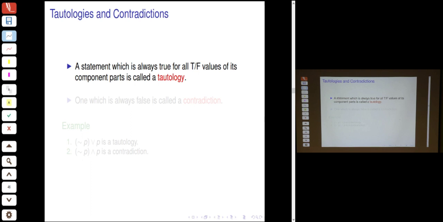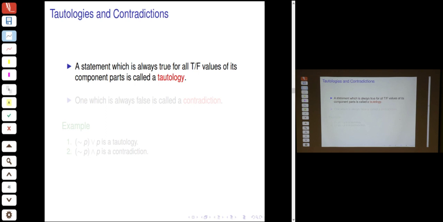There are some other big words in the part of logic. There's something called tautology. A statement which is always true for all possible truth values of its components is called a tautology.